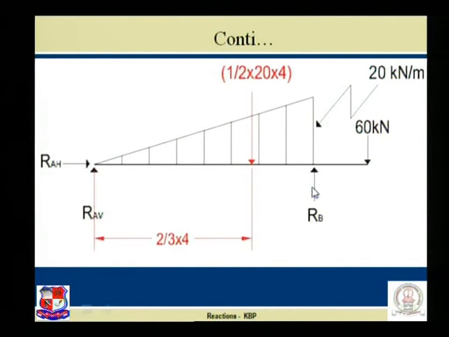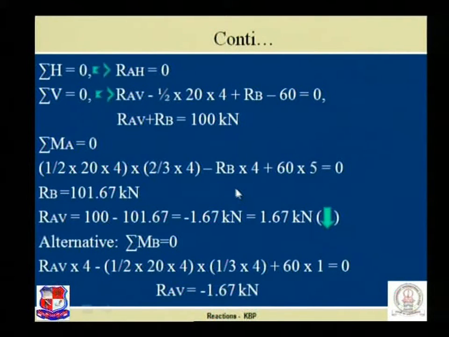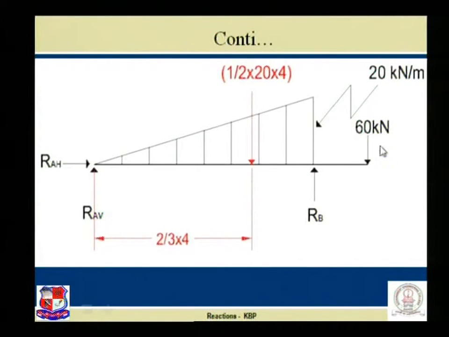Next, RB creates a moment at A which is of anti-clockwise nature, so RB into 4 creates anti-clockwise. This other load, 60, creates a certain moment over here, but which is of clockwise nature. So 60 into the perpendicular distance, 4 plus 1, 5.